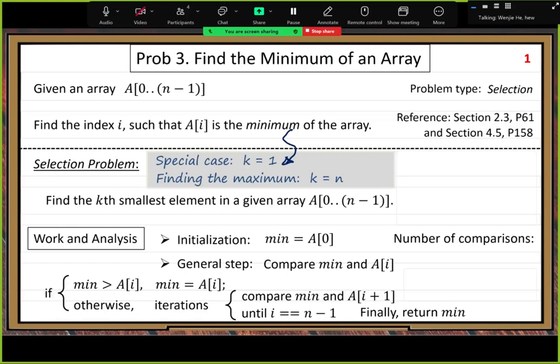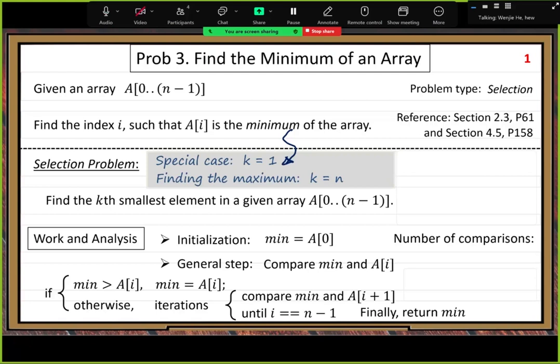Let's count the number of comparisons. For this simple algorithm, how many comparisons do we need to do? Another simple counting question.